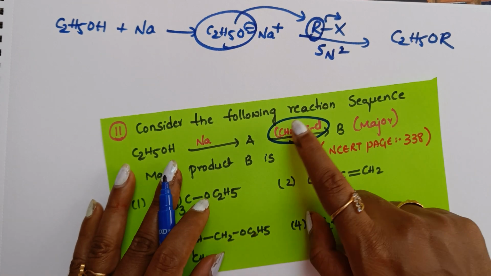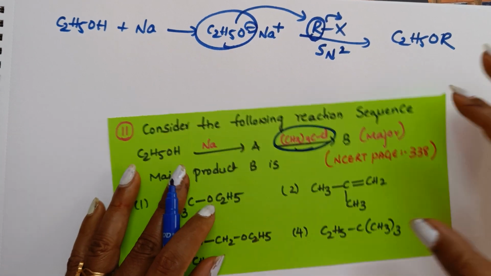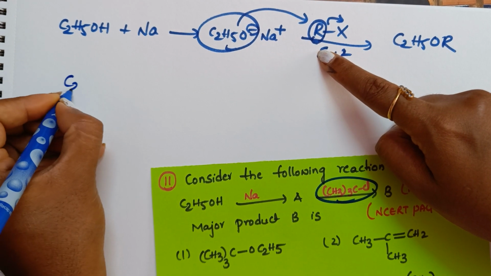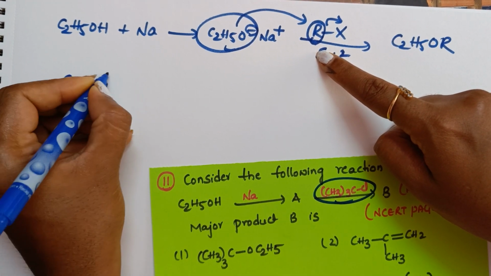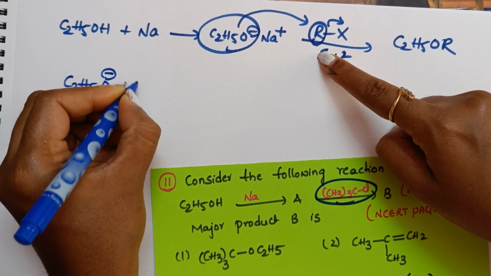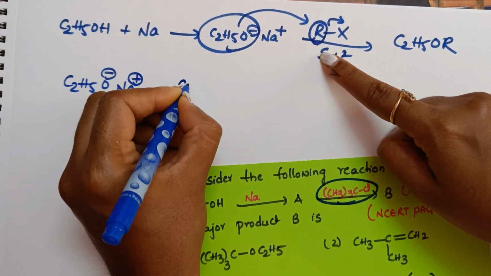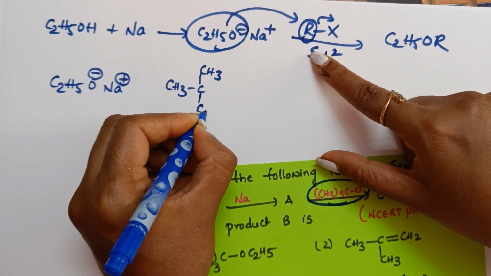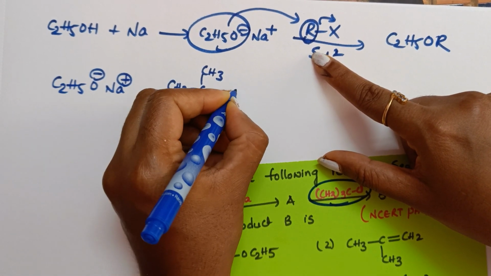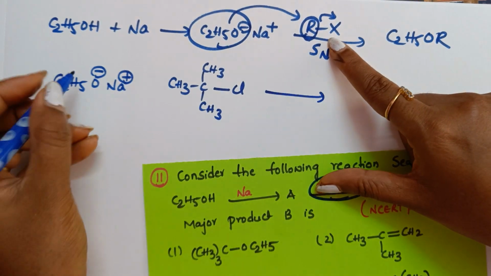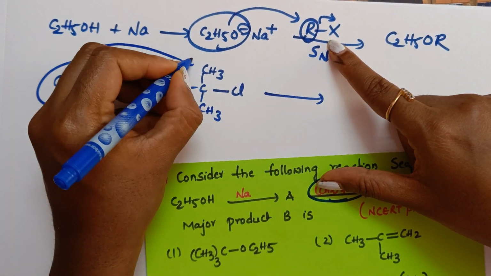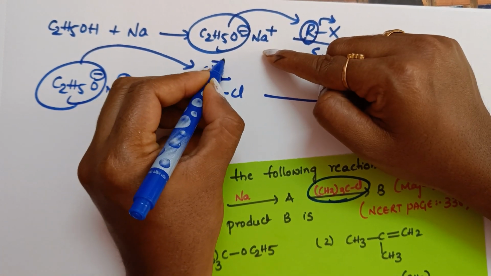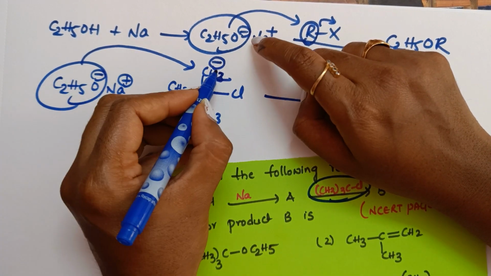But the problem here is it is a tertiary halide. When it is tertiary, the reaction won't be like this. Alkenes will form instead of ethers. See, sodium ethoxide and a tertiary alkyl halide: the alkoxide ion first abstracts one of the H plus ions, forming a carbanion like this.